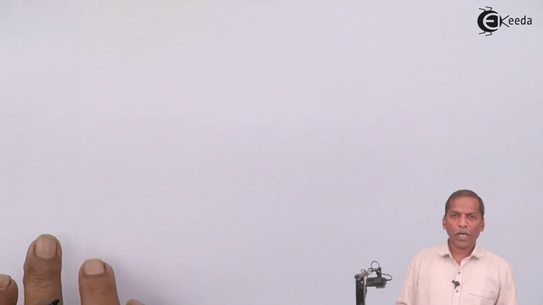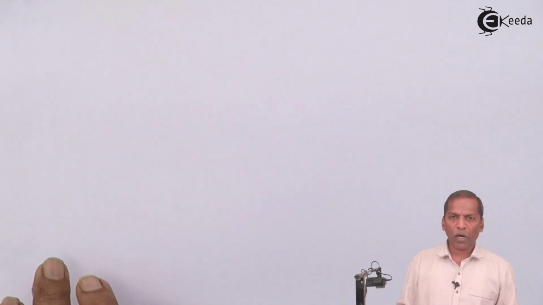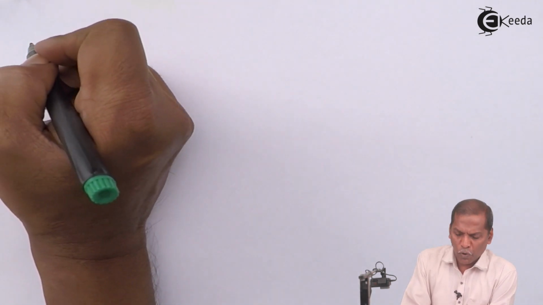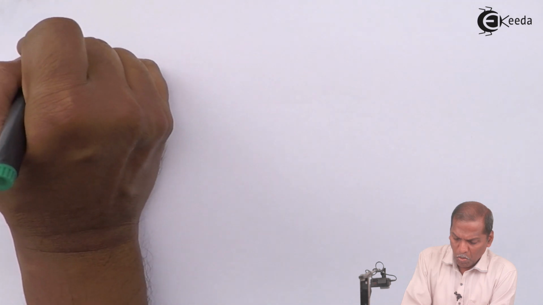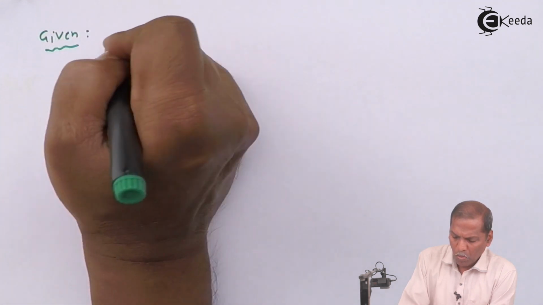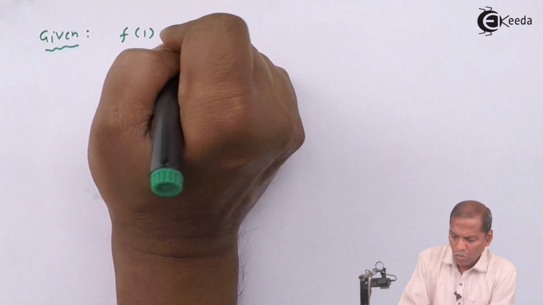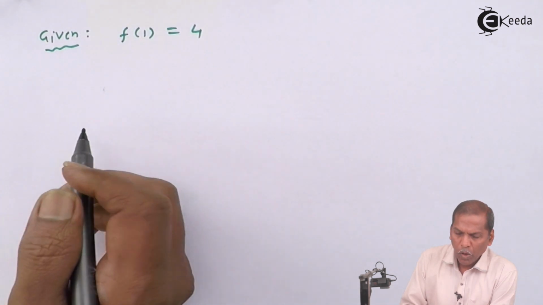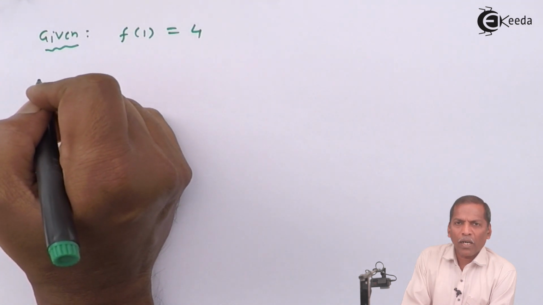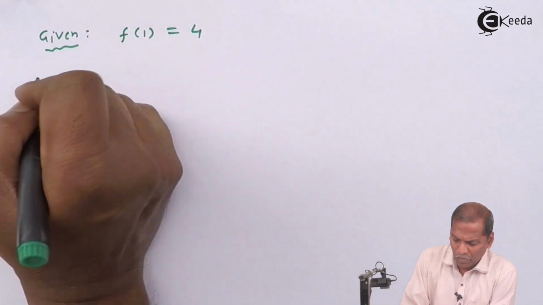Now the next given is f of 1 equal to 4. So it means here we have to put x equal to 1 in equation 1.